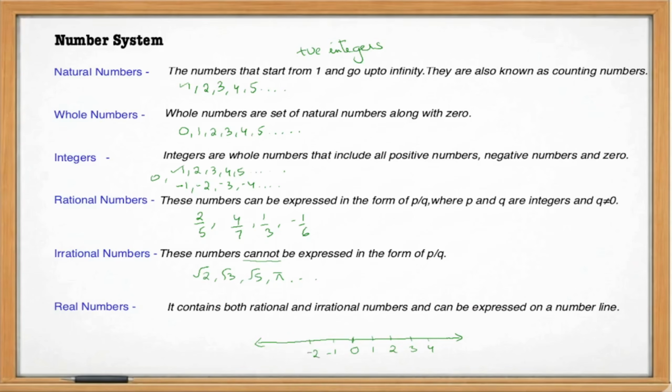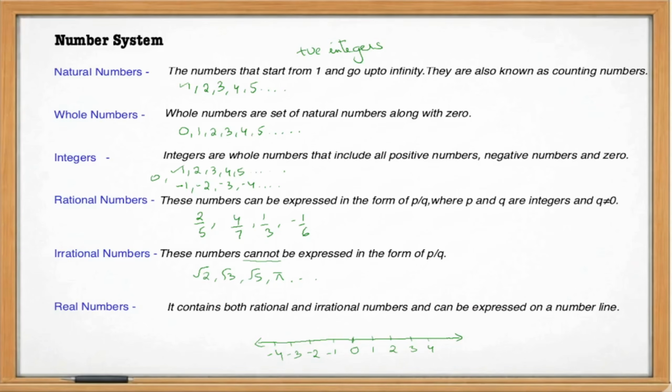So all this you have studied in your previous classes. So all these numbers which are expressed on a number line are real numbers. That means if you combine both rational numbers and irrational numbers, then it forms real numbers. Got it? So on this page, we discussed the types of numbers, and I hope everything is clear for you.